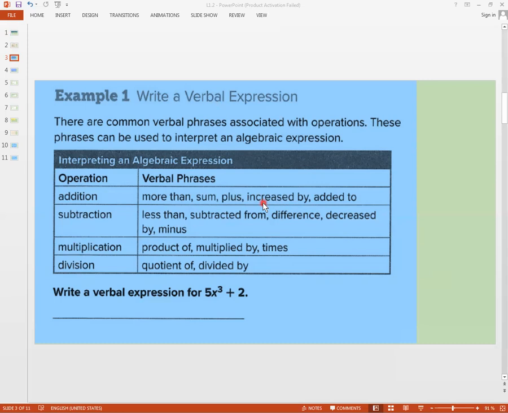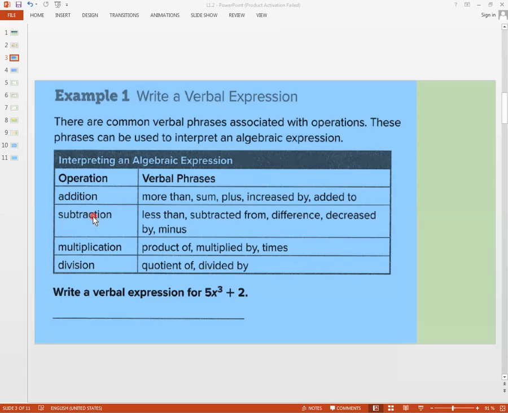Increased by, for example, x plus 5. When I tell you I have a quantity that is 5 more than x, you should write x plus 5. Add it to. Each word of these has a translation. It will be the addition sign, plus.